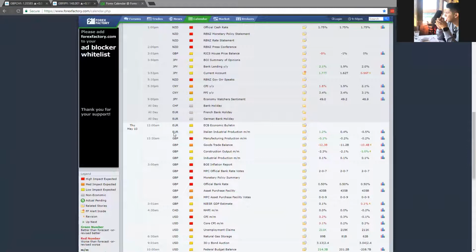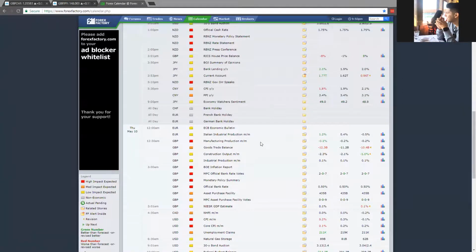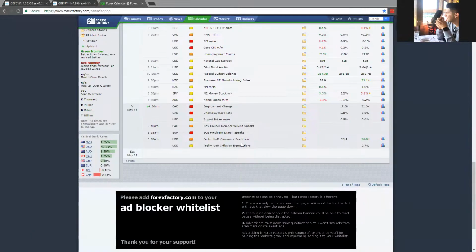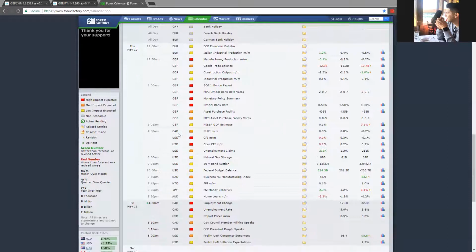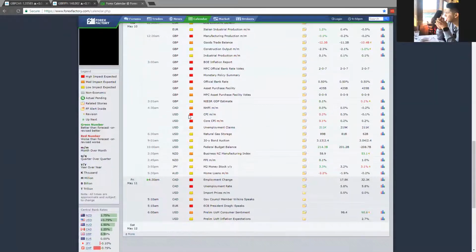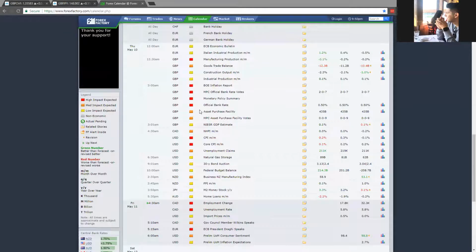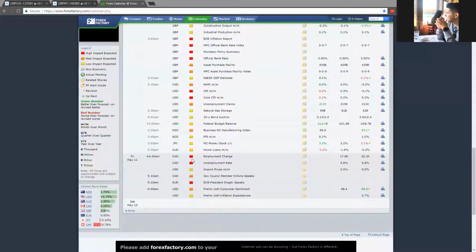Okay, so we have a good amount of news for GBP, a little bit before the London Open. There's going to be a lot of GBP happening today, then some USD. Actually, no, we're going on to Friday. That was yesterday. Okay, to CAD.